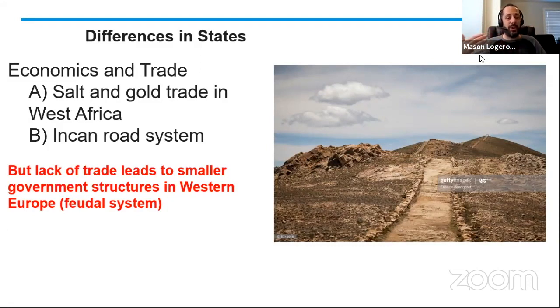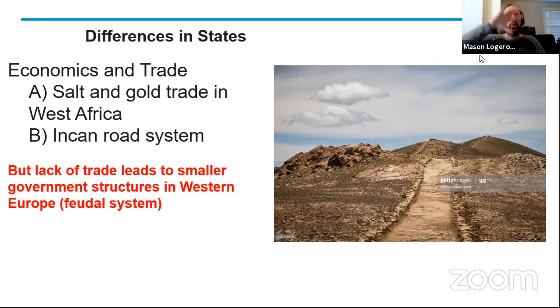It's very decentralized. It's definitely a feudal system where power lies more in the hands of the wealthy landowners, very similar to what we talked about with Japan the other day with the daimyo and the samurai. But one of the reasons why that's the case is because of the lack of long distance trade.